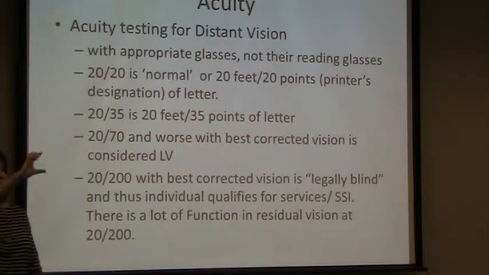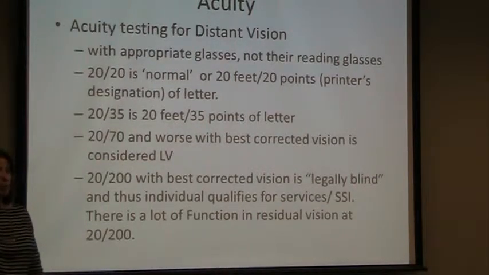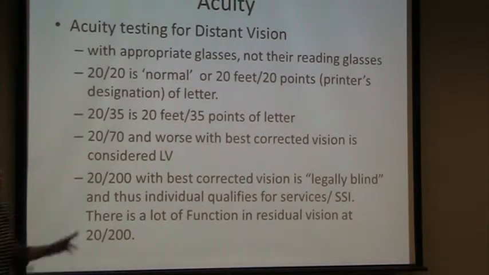So she's got correction in the upper part of her glasses, which is the distance portion, and then correction down in the bottom so that she can read, because her lenses are like my lenses. So you need to get the appropriate glasses, not their reading glasses, to do distance.